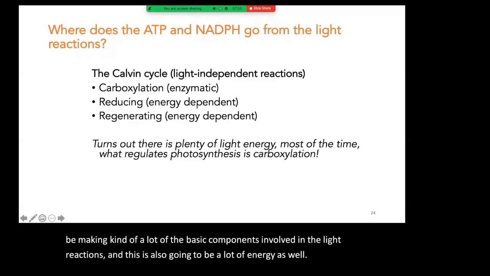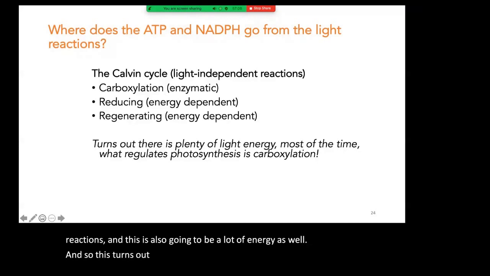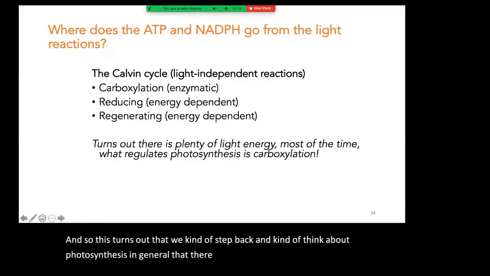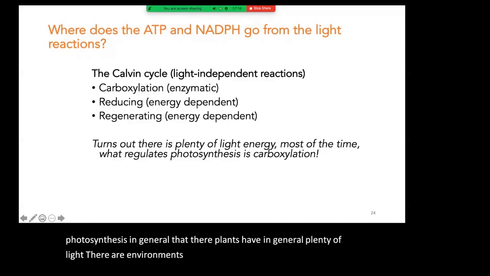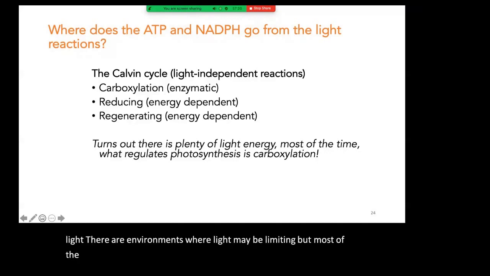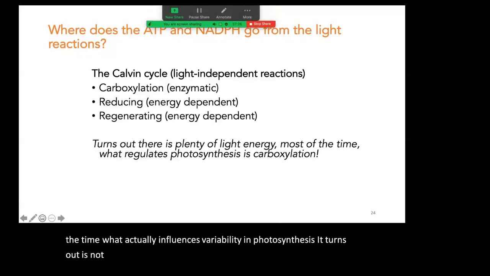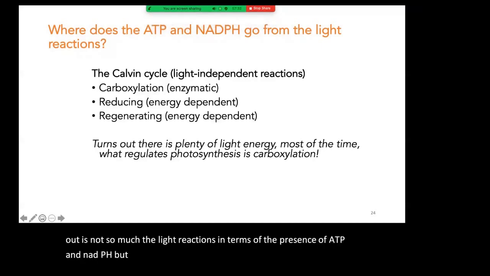And so it turns out that if we step back and think about photosynthesis in general, plants have in general plenty of light. There are environments where light may be limiting, but most of the time, what actually influences variability in photosynthesis, it turns out, is not so much the light reactions in terms of the presence of ATP and NADPH, but instead, what gets really tricky for plants is actually the Calvin cycle.